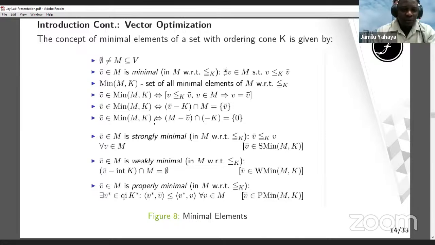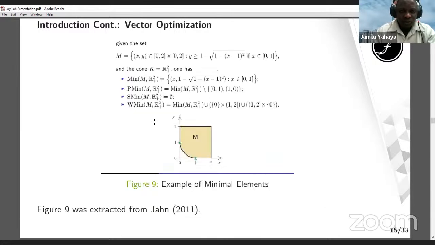How do we find a solution when we are in R2? Since our function is a map from Rn to Rm, let's just take a simple case, R2 to R2, for example. This particular figure is extracted from Jahn 2011, Vector Optimization: Theory and Applications.